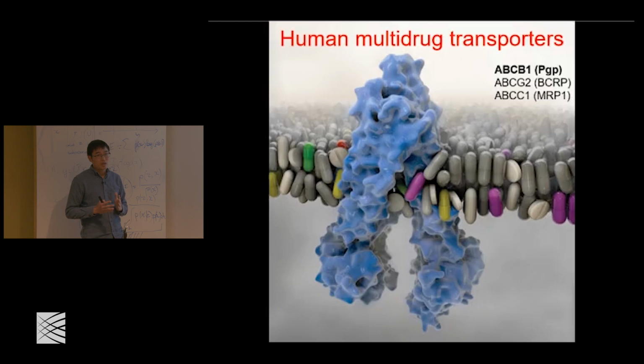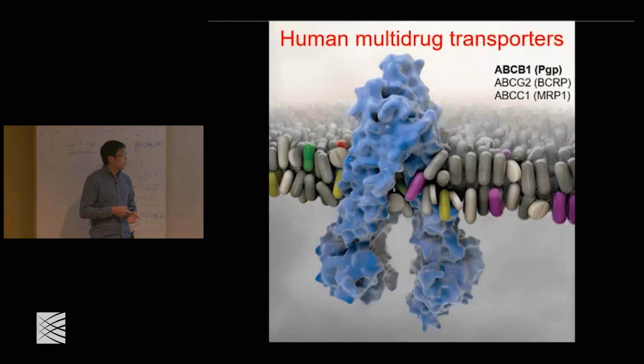Usually when a patient takes one drug at the beginning, it is effective, and gradually it loses efficacy. Some of that is because the cancer cells have overexpressed molecular pumps or transporters, which can actively pump the drug out of the cell. Then the effective concentration of the drug inside the cell is very low.